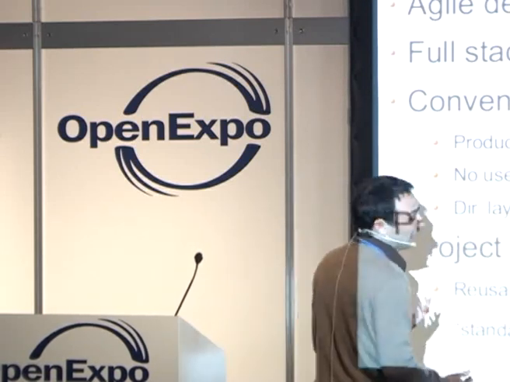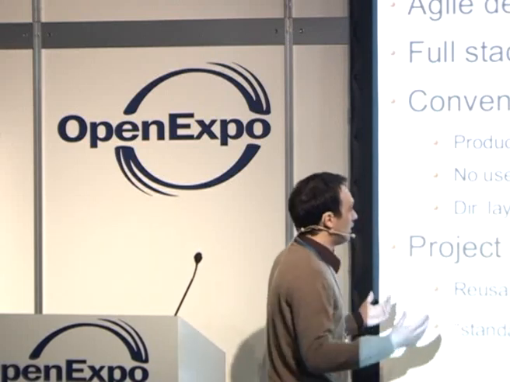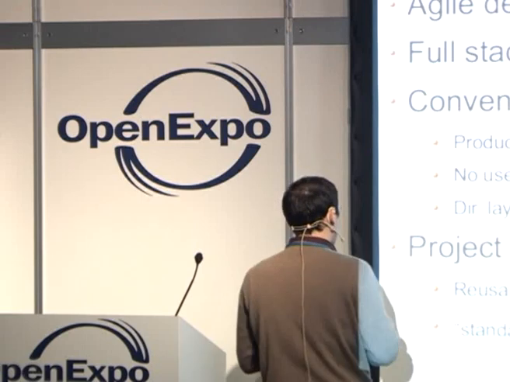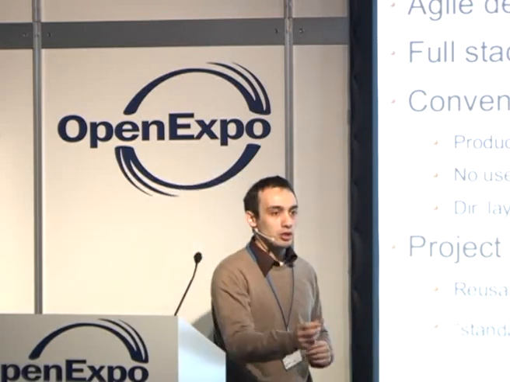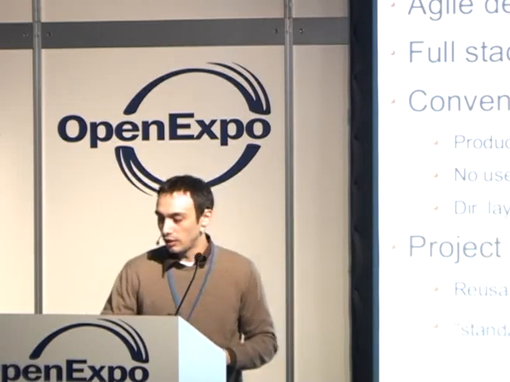But 99% of the time, you don't have to change that. So you don't have to bother configuring the same things every time. And of course, this brings the main advantage that you can move between Rails projects and have no problem moving around, at least for the structure.